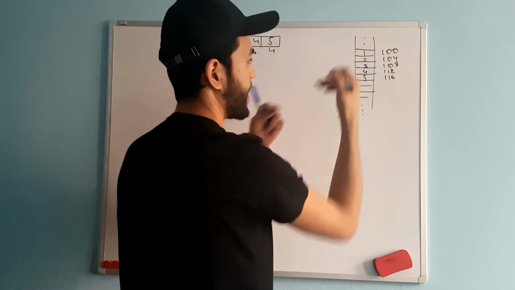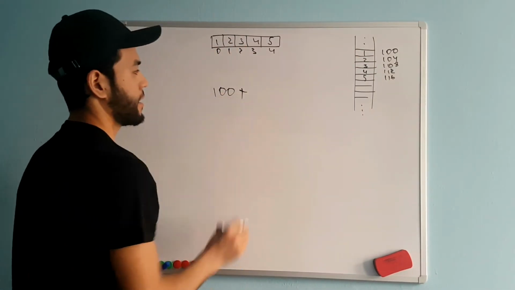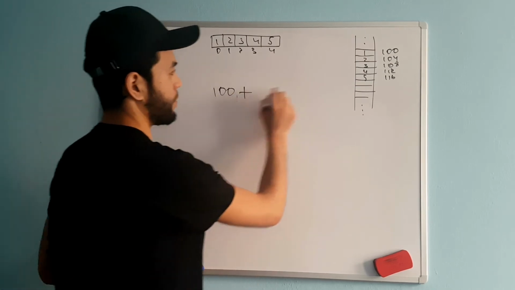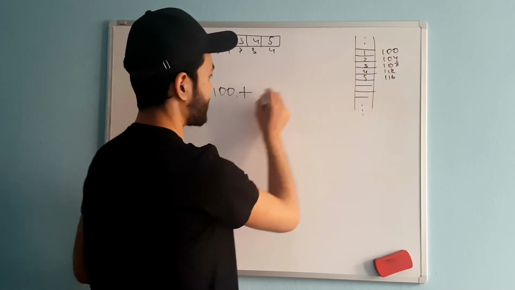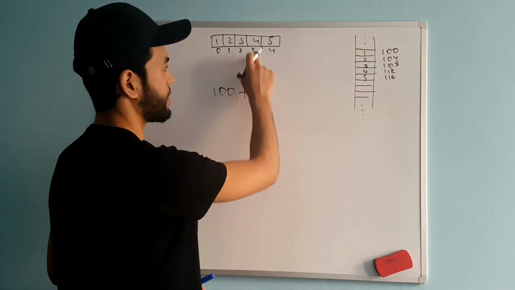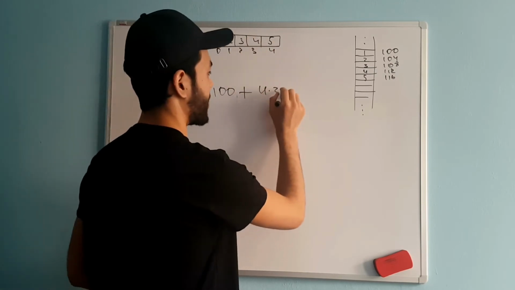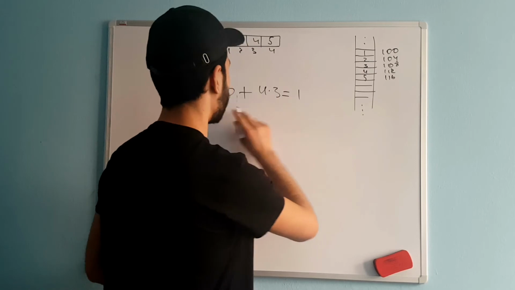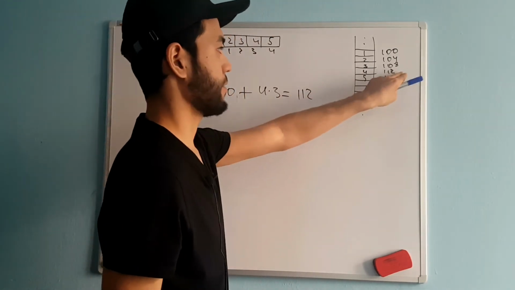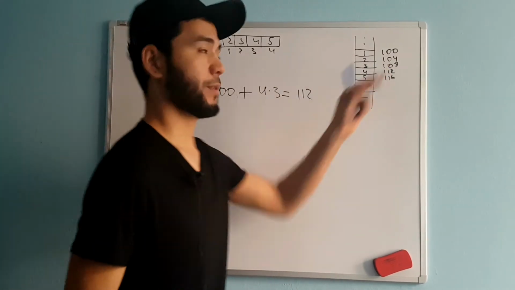I'm going to take this first address and add to it the size of every cell, which is 4, multiplied by the index of the given number, which is 3. It will be 112, which is 100 plus 12. Okay, and this is how a one-dimensional array is represented in memory.